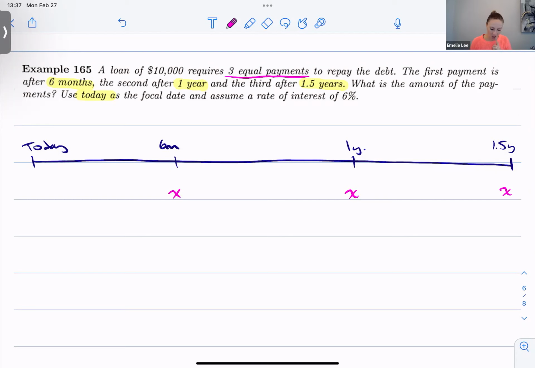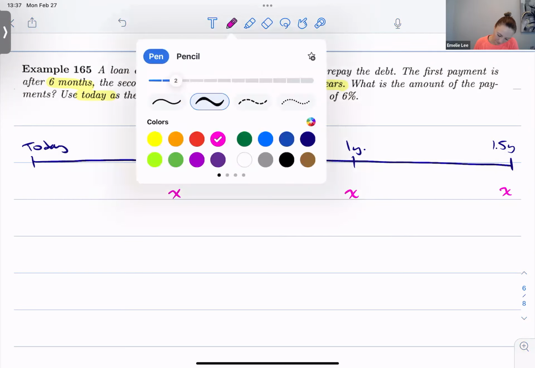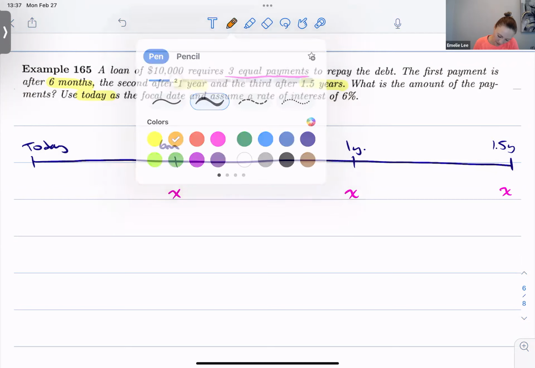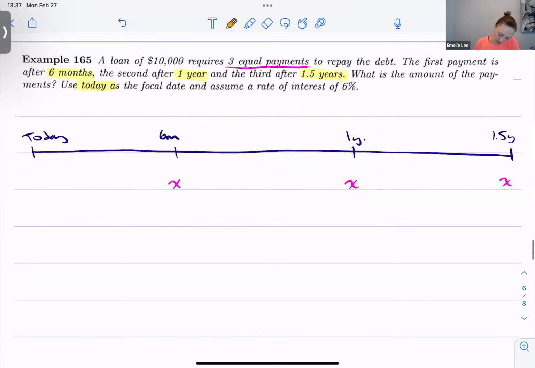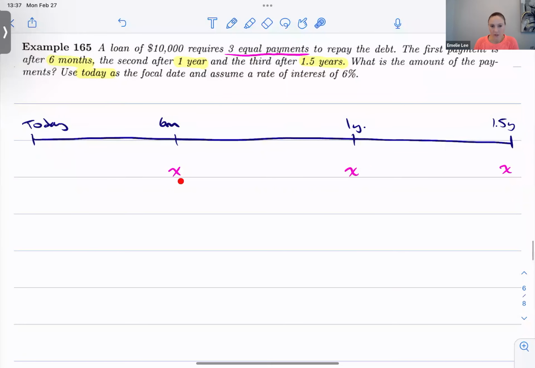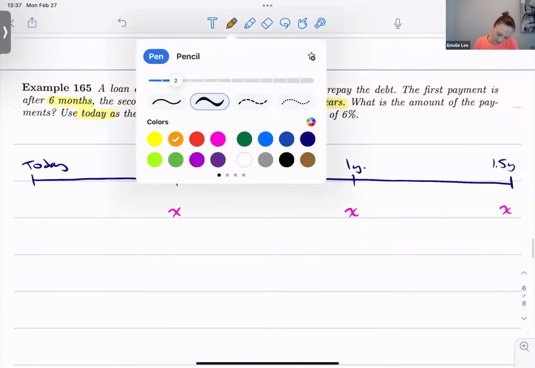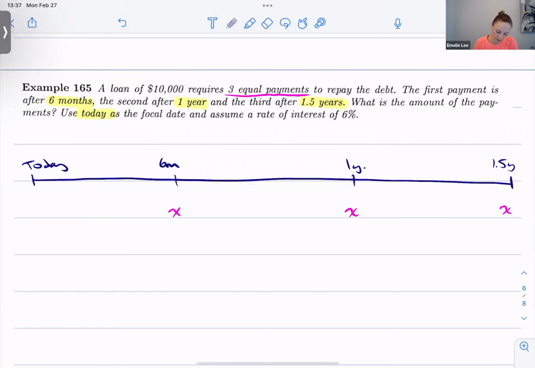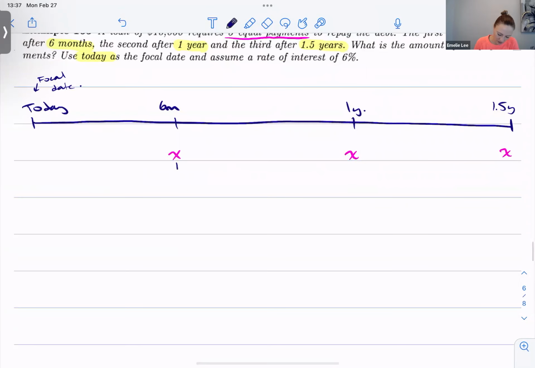Now, this X is some future value. It's a future value from today. Now, when it says use today as the focal date, what it means is the payments are all going back to pay off the $10,000 that you borrowed today.